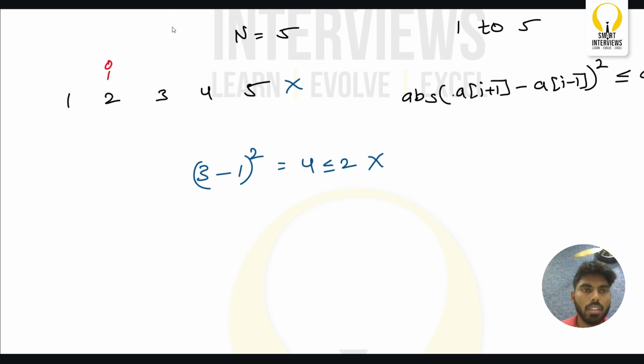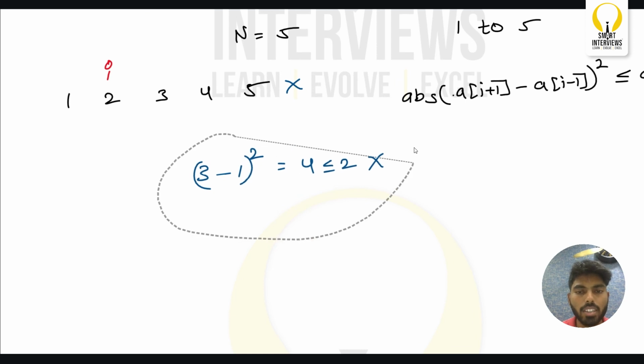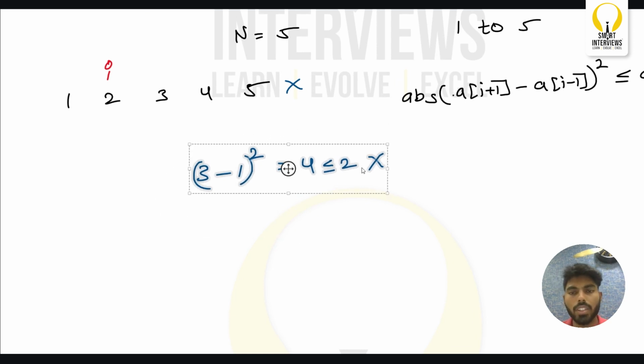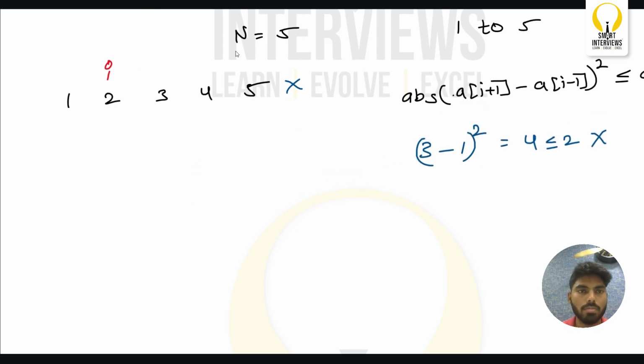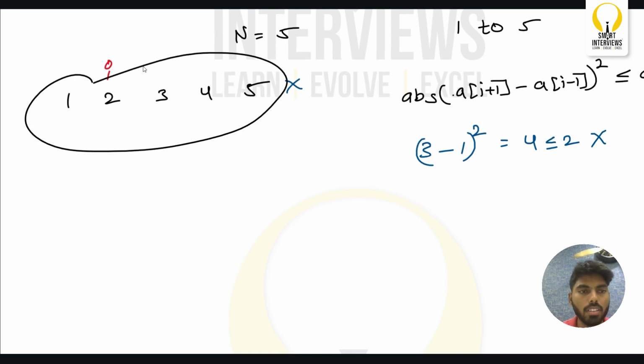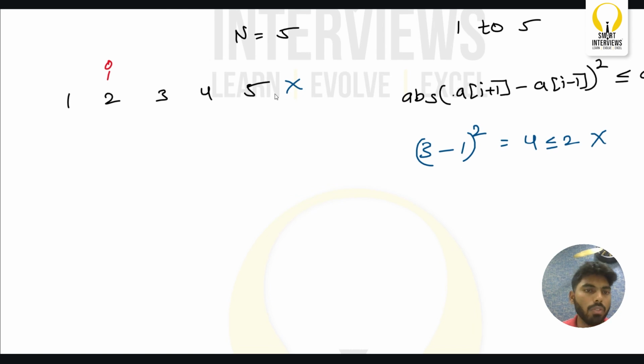So can you tell me any other permutation where this condition holds? Instead of me telling the permutation, let us directly get the code from this logic.